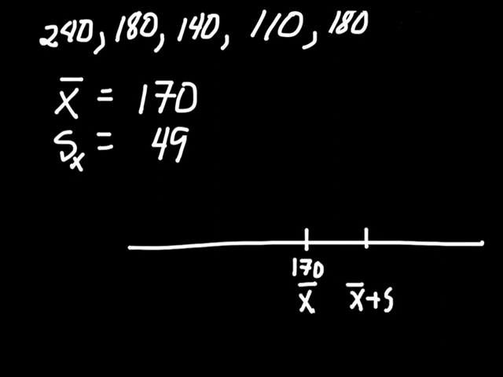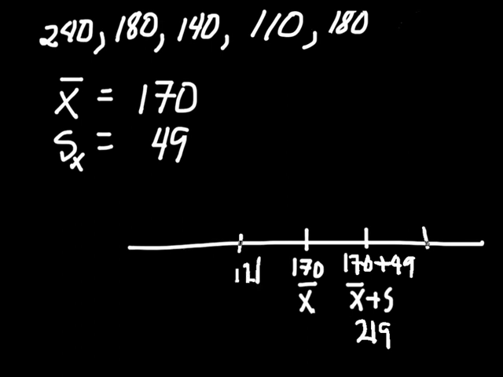So as I was saying before I had to pay my bill for my tires, the mean plus 1 standard deviation is here, and now we actually have numbers, so that would be 170 plus 49, which actually works out to 219. And we could do the mean minus 1 standard deviation, be approximately 121. All right.